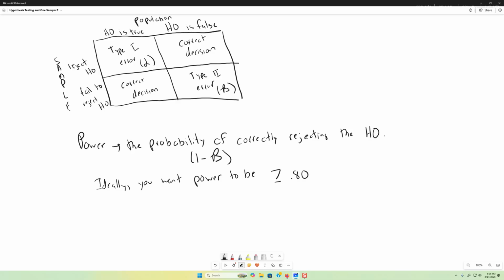The goal is always, if this hypothesis should be supported, if it's occurring in the population, whatever you're looking at, you want to be able to find it in the sample because we can't test the entire population. If we can't find a result in the sample, we're in trouble, right? And now the best ways to increase power to ideally 0.80.